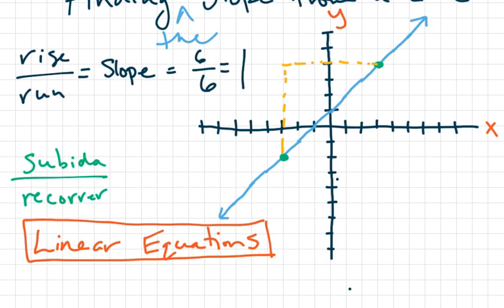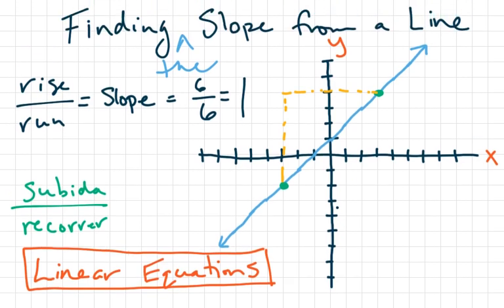So you start at one point and calculate how much you go up and over to get to the next point. Sometimes you go down and left, down and right, or up and left. I'm going to give you a few more examples.